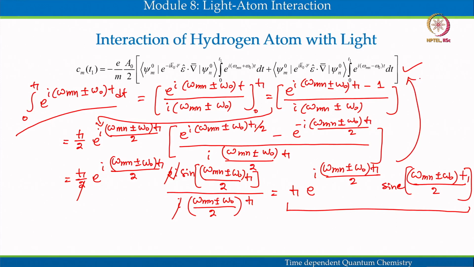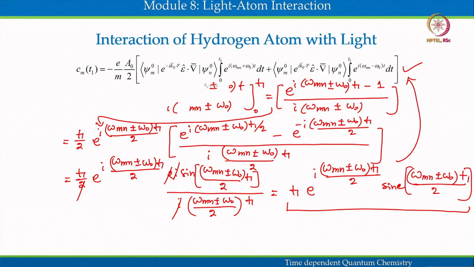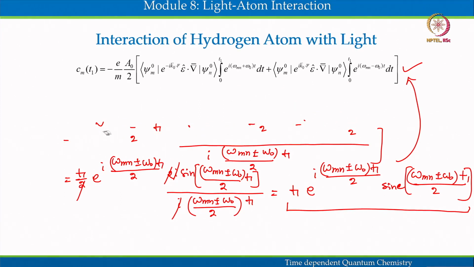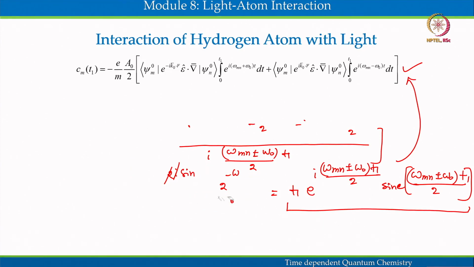So this time integration which we had before can be replaced by this cardinal sine function. When you replace it with this cardinal sine function, we get the behavior of the population. So finally, the population will depend on the response of a cardinal sine function. That is exactly what we are looking at right now.